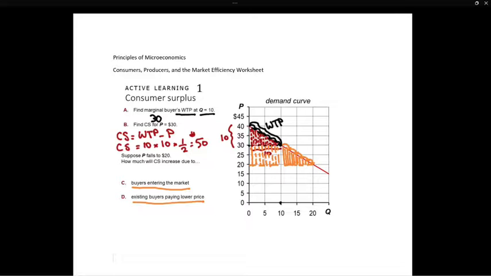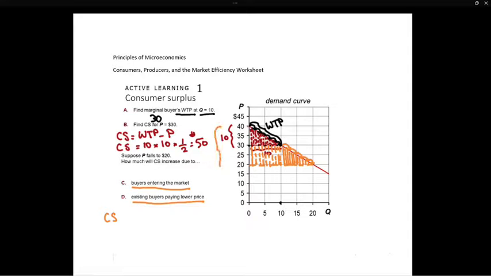Now we can calculate the new consumer surplus with the additional buyers and existing buyers' increased consumer surplus. That'll be the area of this red triangle and all the orange area. So let's do that.